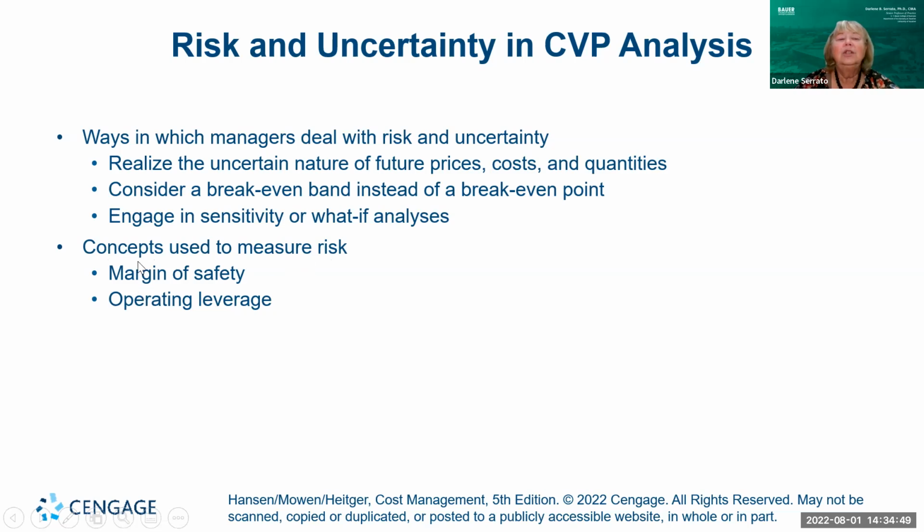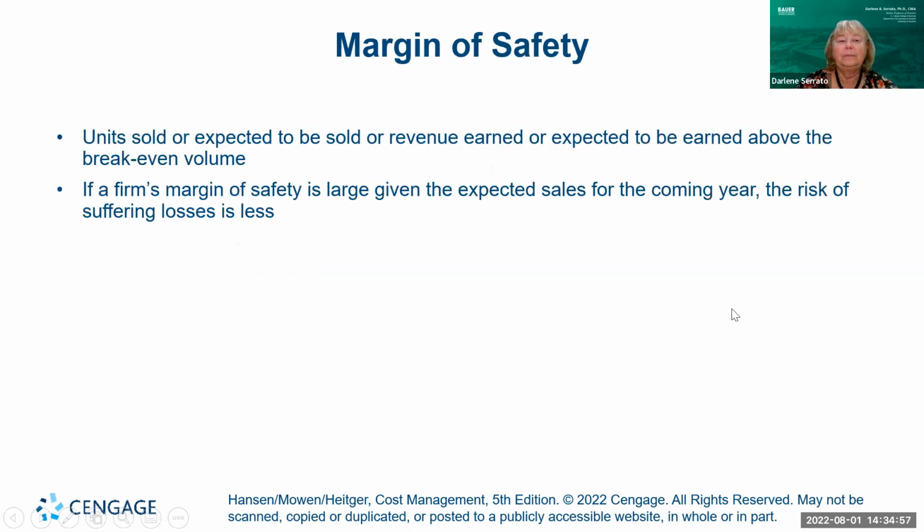So measurements of risk, 2 new formulas we need to know: margin of safety and operating leverage. So margin of safety is how many units or sales dollars you are above break-even point.